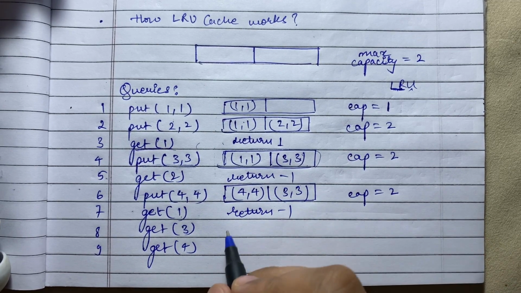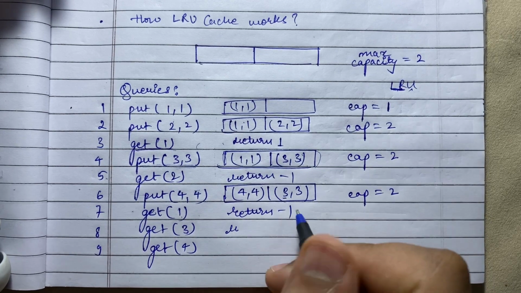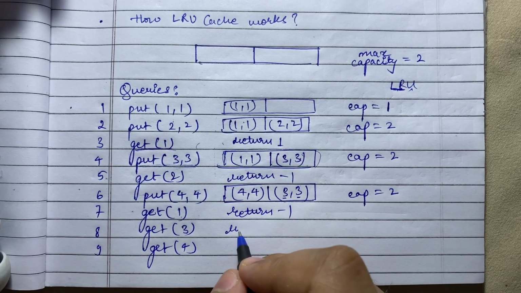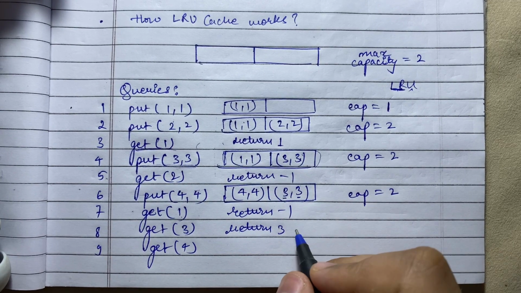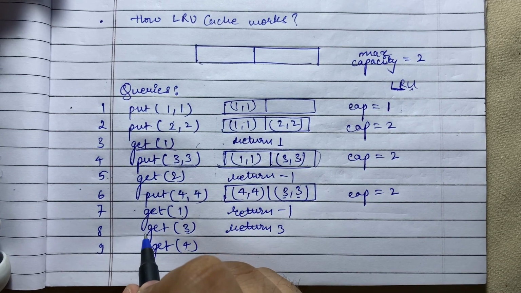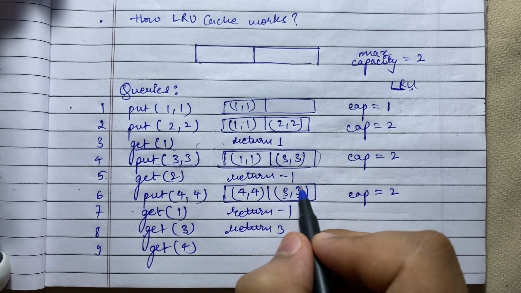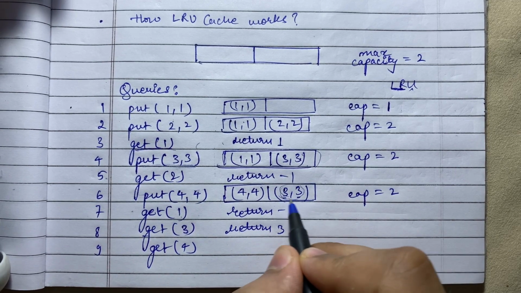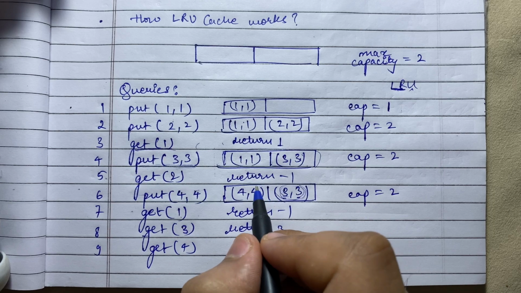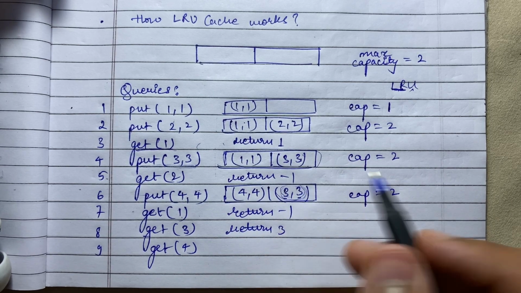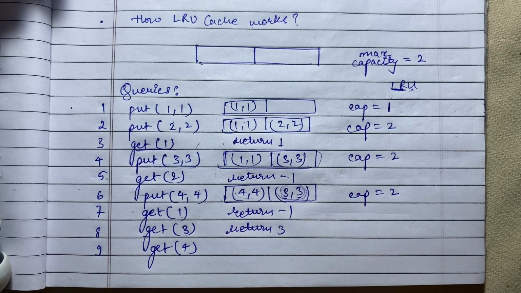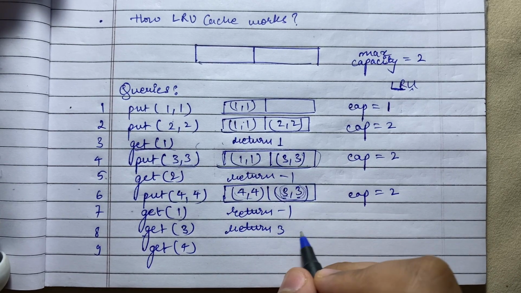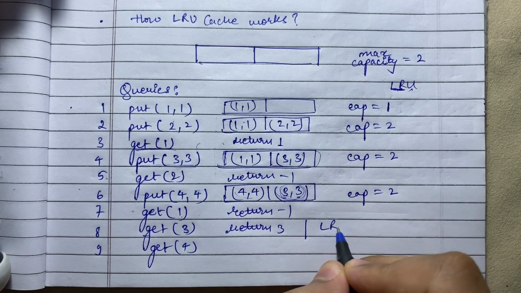We have 3, so we'll find the key and its corresponding value is 3, so we'll return 3. But the interesting part is that since we have a query which involves 3, this becomes the most recently used element, and this makes the 4,4 least recently used. So let me just write it here real quick.